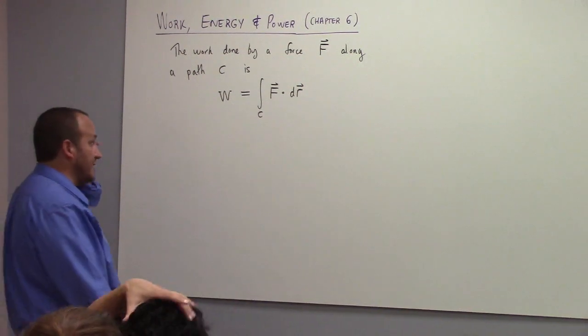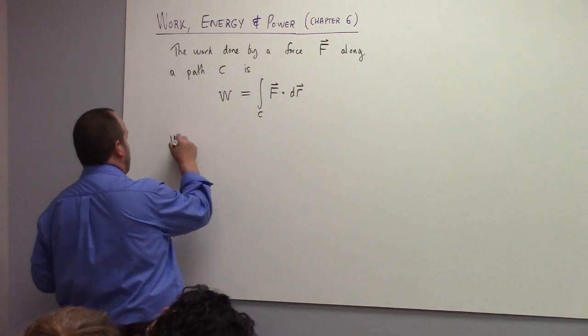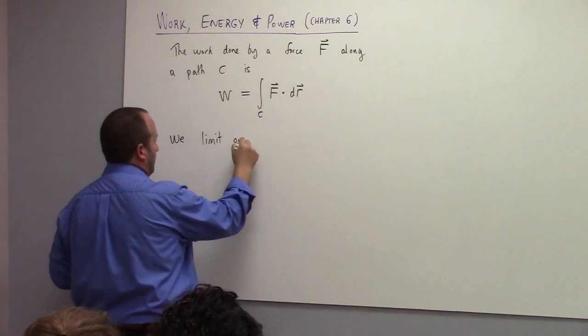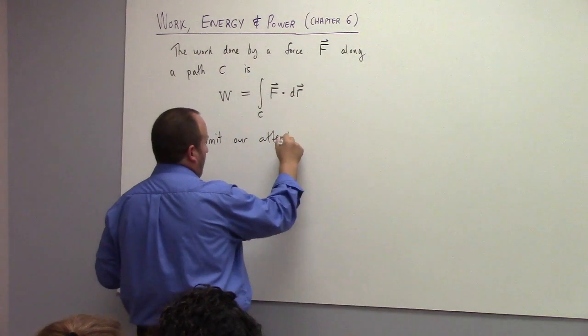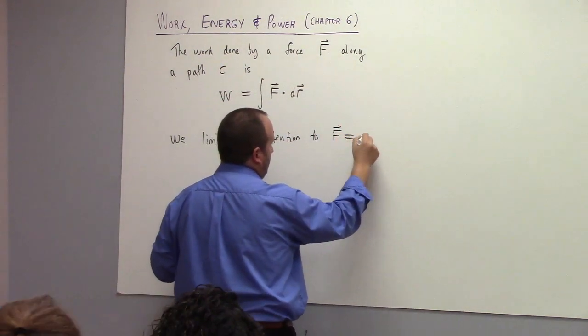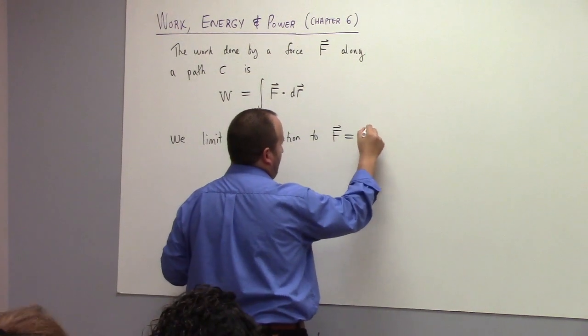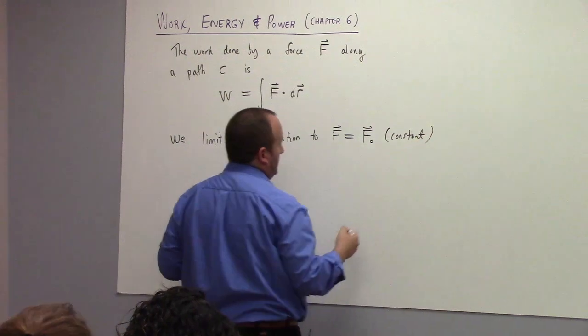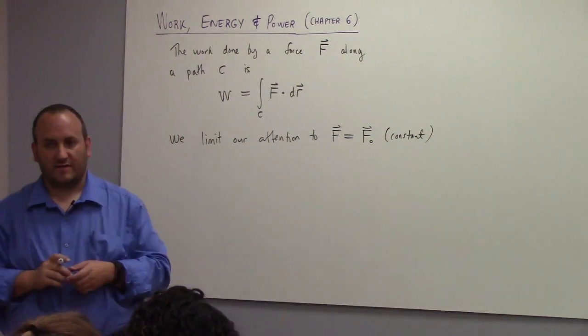But we can do the next best thing. So we have to limit our attention to F equals F naught. In other words, it's constant. Typically, we work with constant forces.